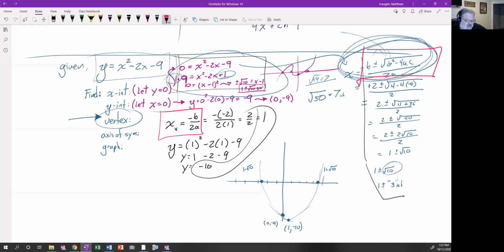So I do think it's good to know both and be fairly comfortable with both. Fair? Oh, and the axis of symmetry is just that line through the vertex. So in this case, it's x equals 1. It's where the parabola reflects on itself.